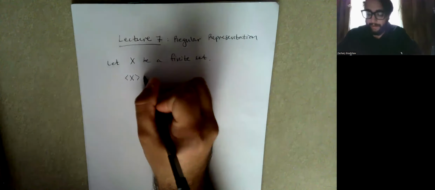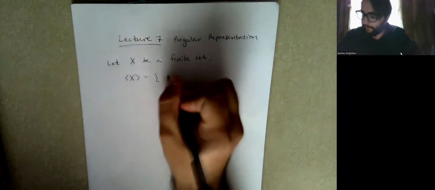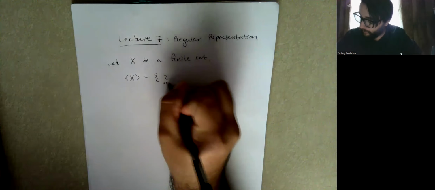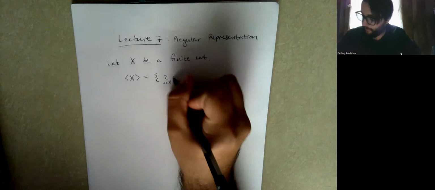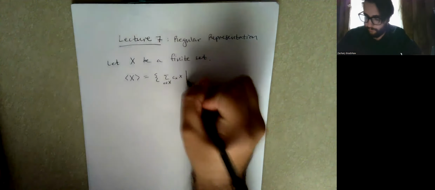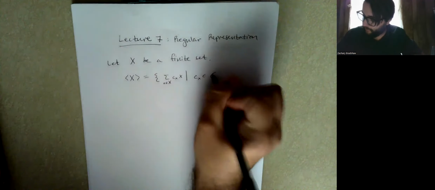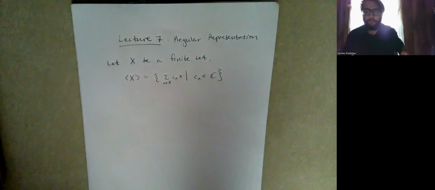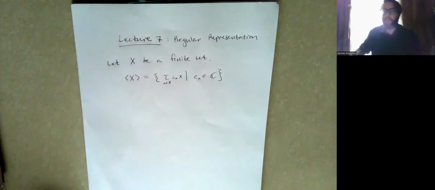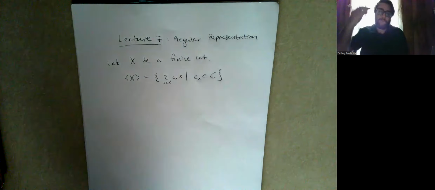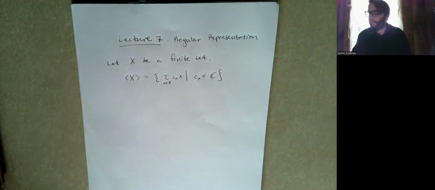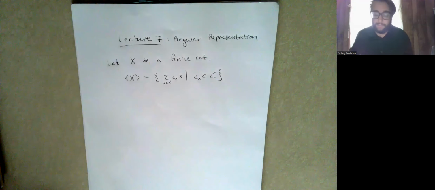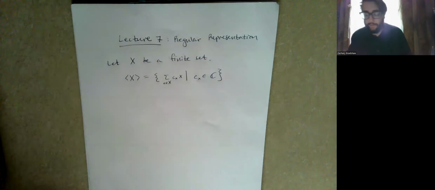Just take a formal span of the elements of X. So formal sums, or formal power series, whatever, well, it would be formal sums because X is a finite set, of elements in X. And we can give it an inner product.